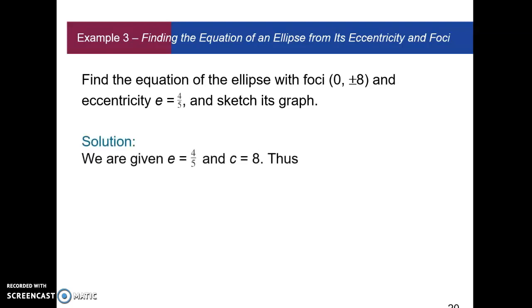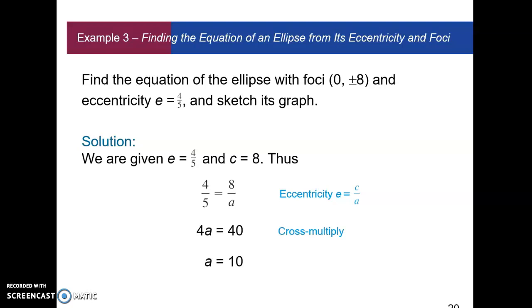So our C is 8. So I'm going to take 4/5 and set it equal to 8 over A. At this point, all I need to do is cross multiply to solve for A. So 4 times A has to equal 5 times 8, which is 40. And then, of course, when I divide by 4, I find that A is equal to 10.